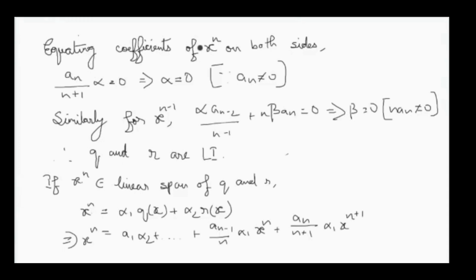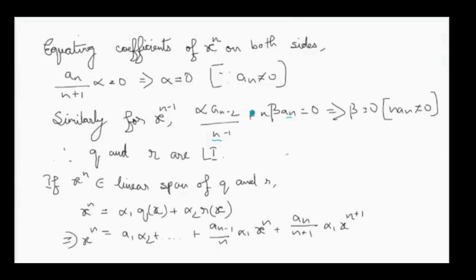And since alpha is equal to 0, this entire first thing is 0. a_n is non-zero and n is obviously non-zero. So beta is equal to 0. And therefore, we have obtained that Q and R are linearly independent by the definition of linear independence.